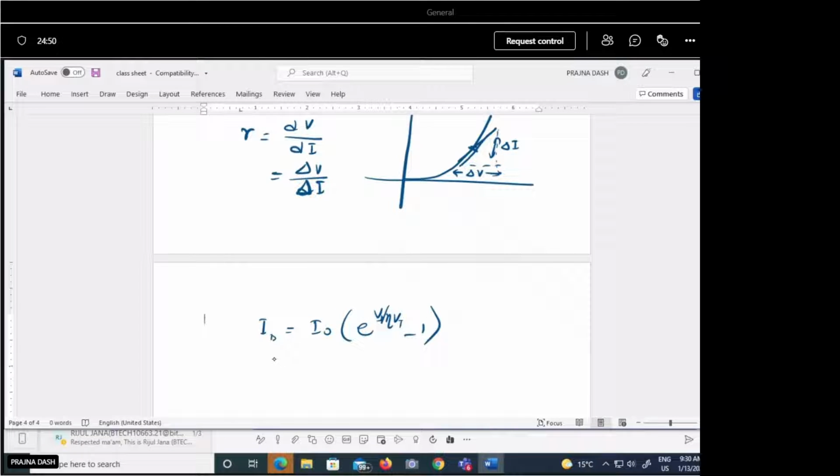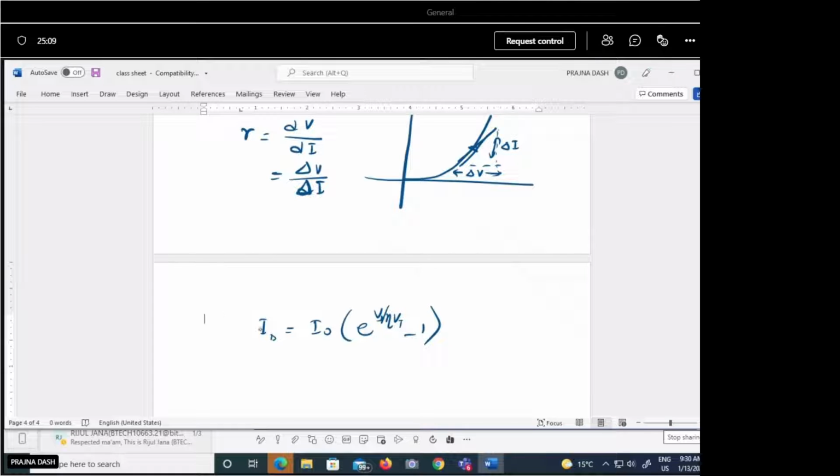This is the diode voltage, so use the same notation. From this relationship we can find the change del I, with respect to Vd, for finding this dynamic resistance.